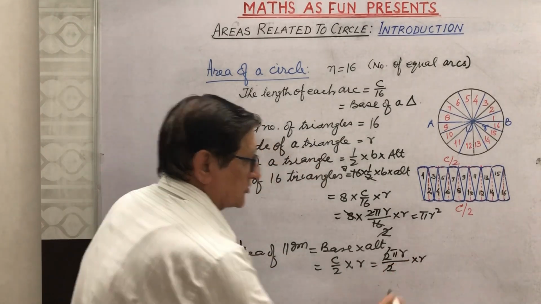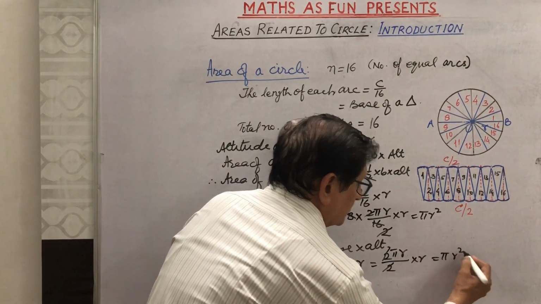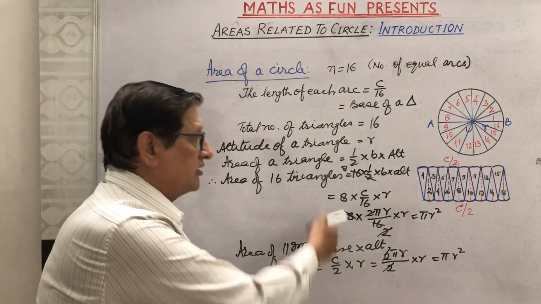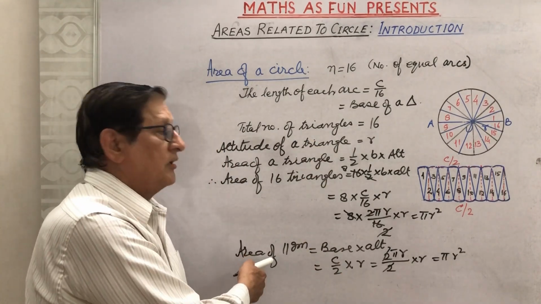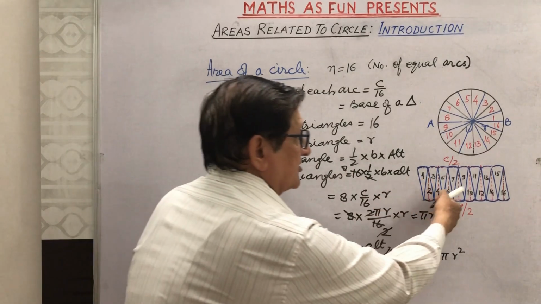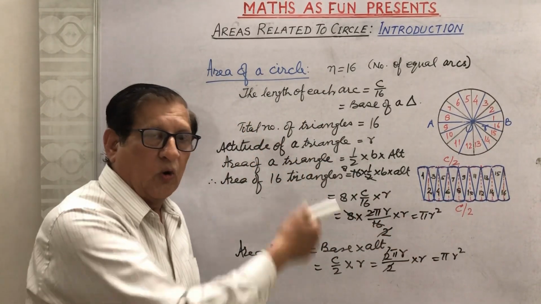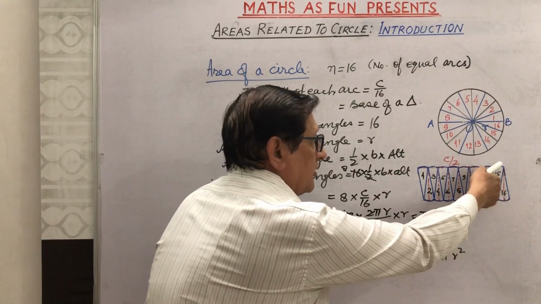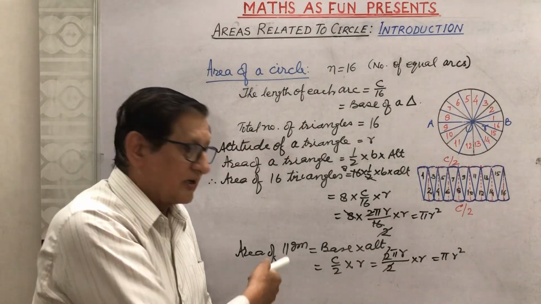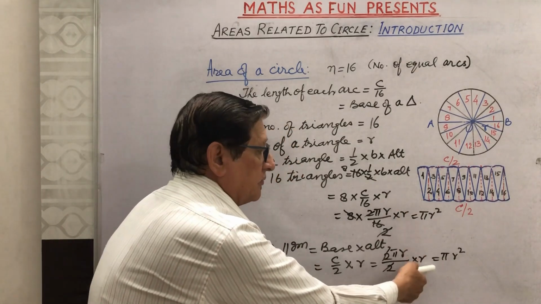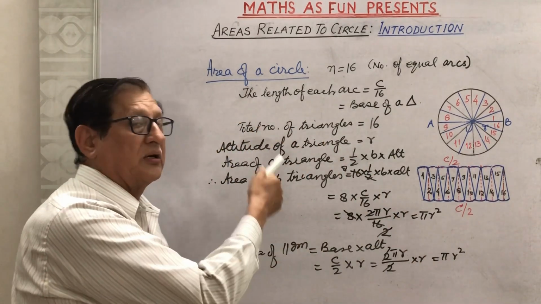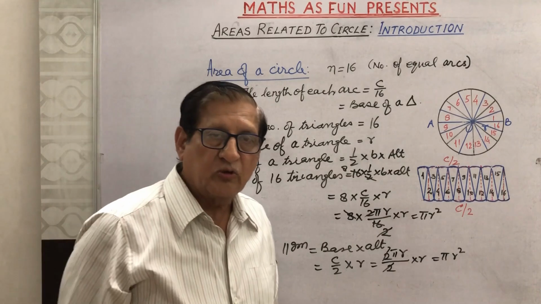This 2 cancels this 2 and this comes as pi r square. So we can understand it either by finding the area of 16 triangles and adding them, where the area comes as pi r square, or by applying the area of the parallelogram, that is also pi r square. It means the area of a circle can be given by pi r square.